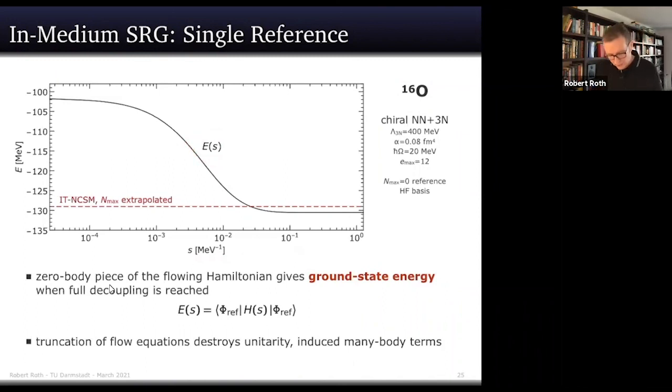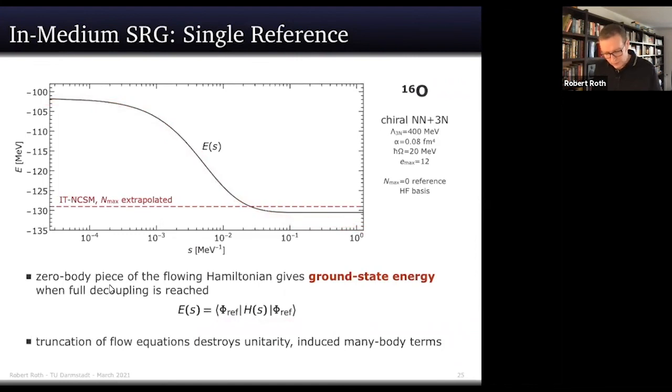And this zero-body part is nothing else but the expectation value of the Hamiltonian with my reference state. So this is my proxy for the ground state energy. Once I've reached complete decoupling, that will become the ground state eigenvalue. And you can now track what this expectation value does throughout the SRG evolution.